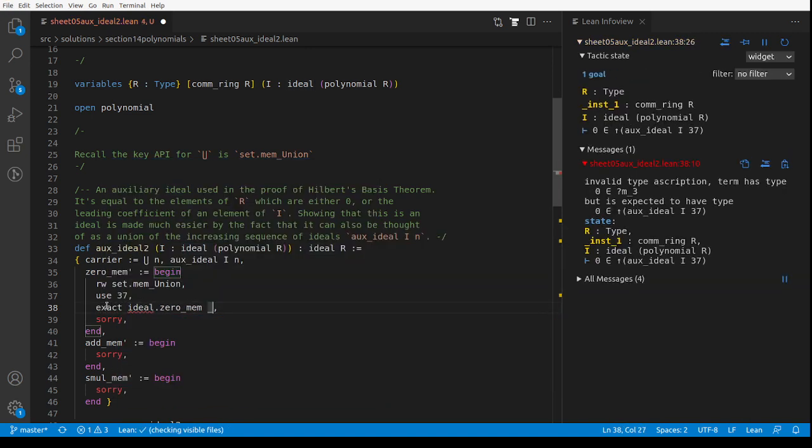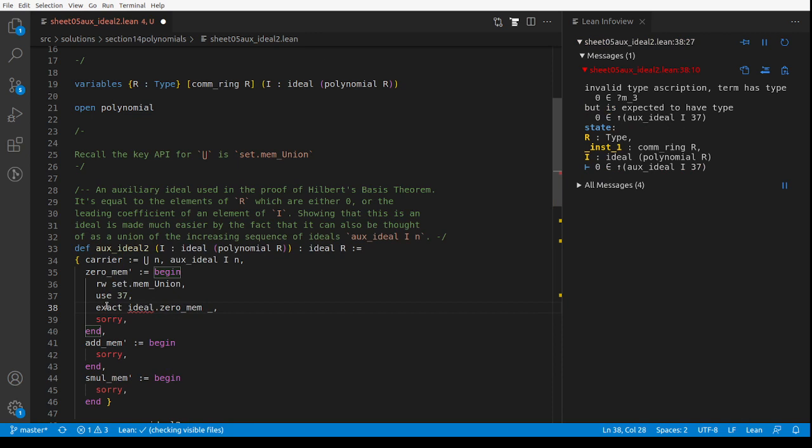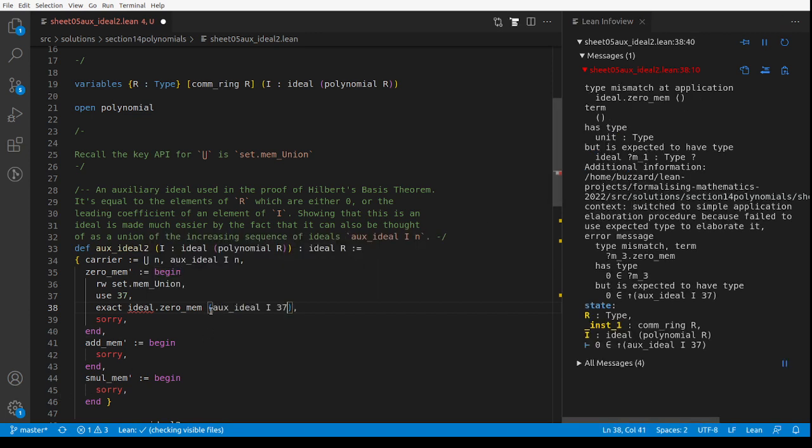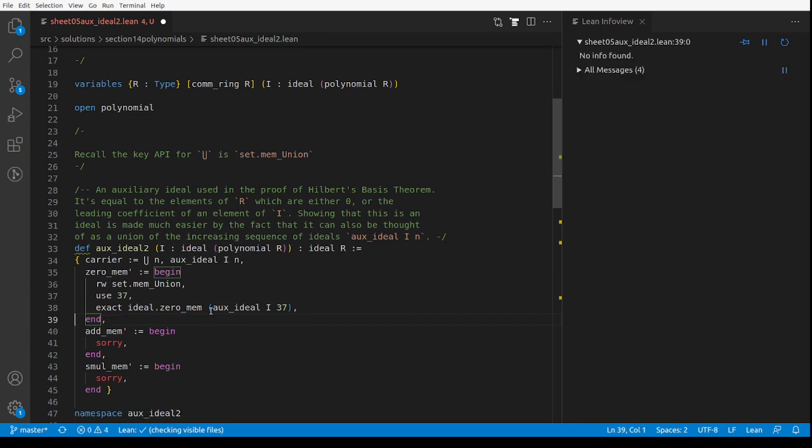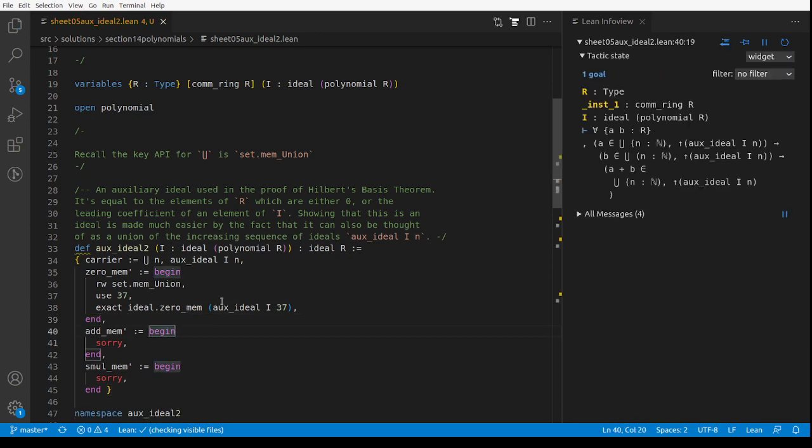Exact this. No, it didn't work. So maybe I'll tell it that the ideal we're looking for is this one. Yeah, now it's worked. There you go. It was definitionally equal, but we needed to persuade the unifier to take it seriously.